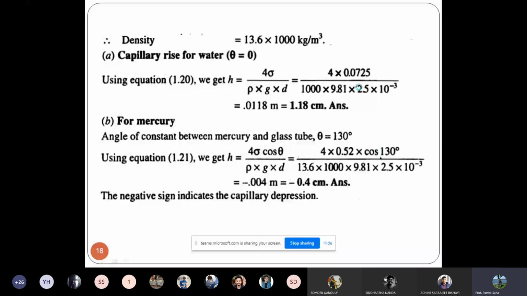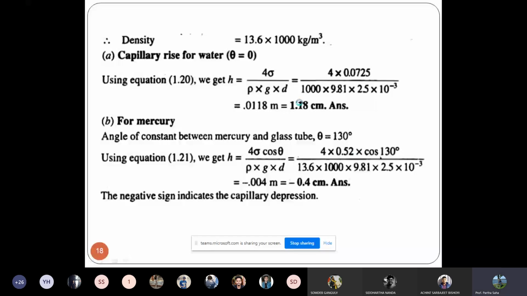All other parameters remain the same except sigma, because sigma for mercury is 0.52, and the density is 13,600. So here it becomes negative. As you can see, for water this is positive 1.18 centimeter. For mercury, it is negative, minus 0.4 centimeter.